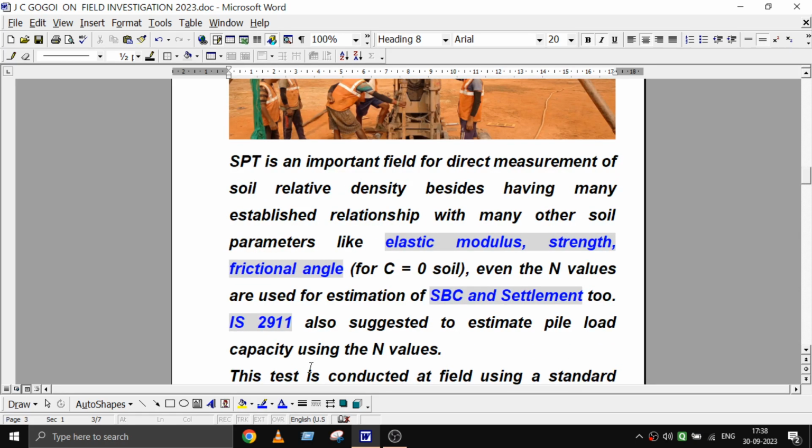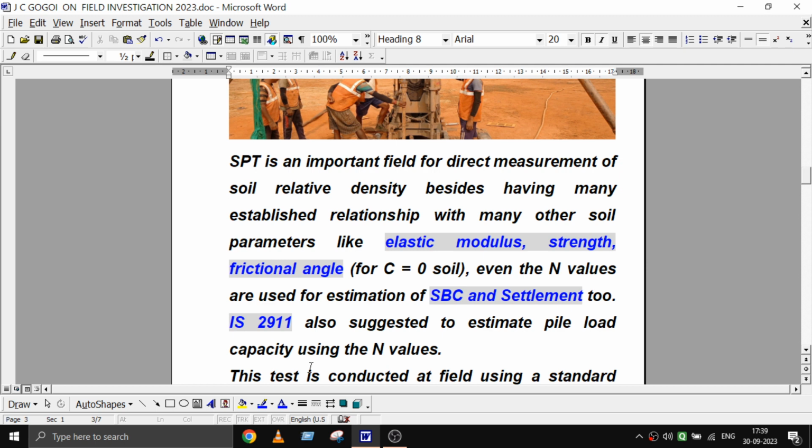In British and American standards, they use some empirical values: N divided by 14 equals SBC for sandy soil, and N divided by 8 equals SBC in clay soil. They established some standard relationships.